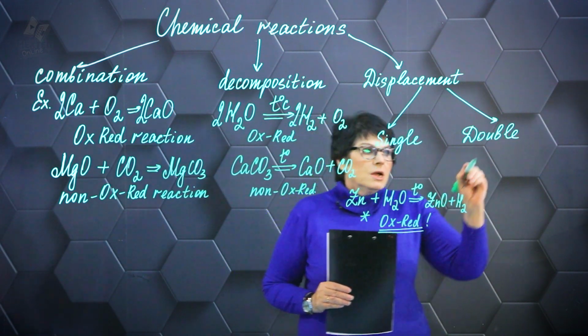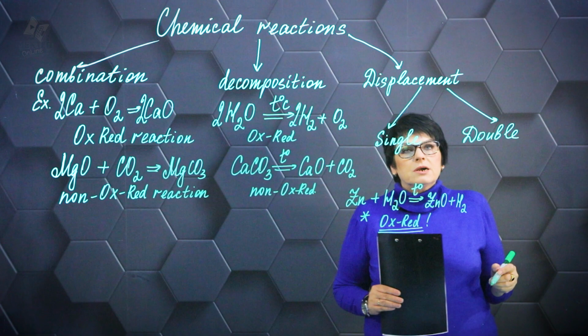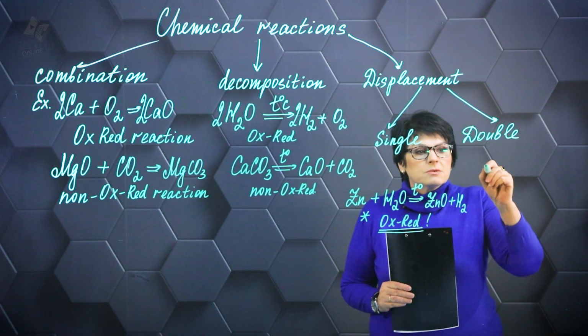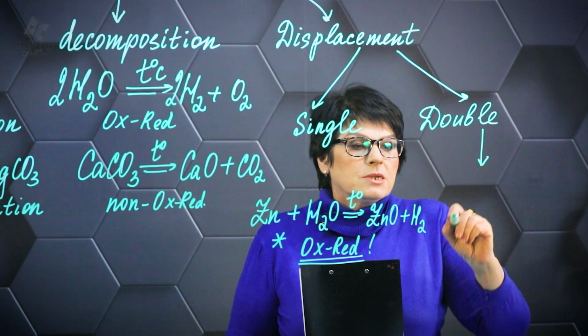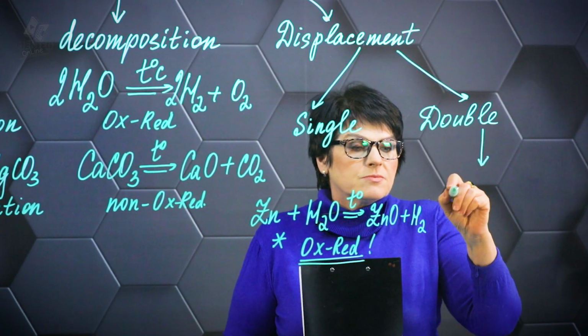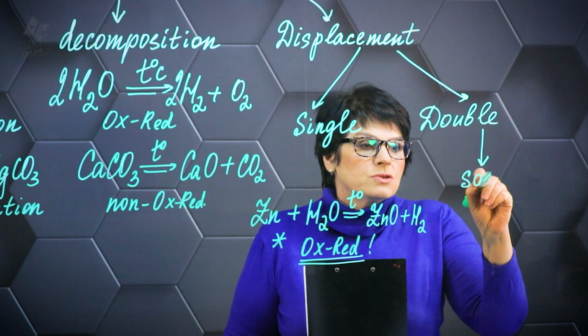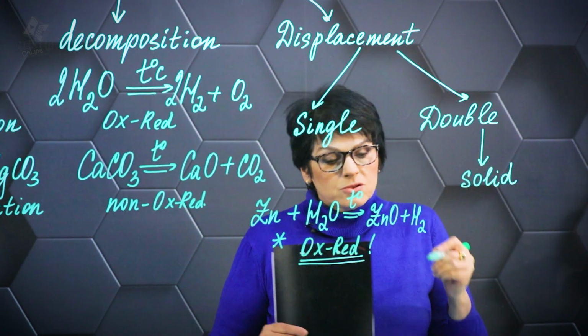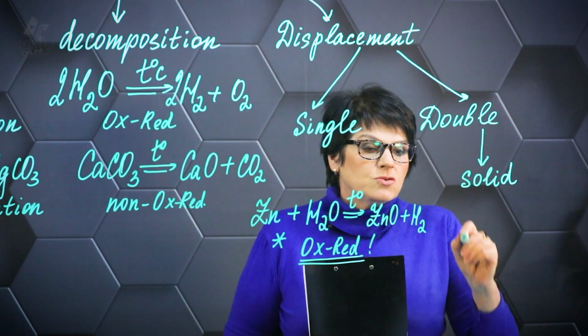Now, if we're talking about double substitution, this reaction can take place, for example, if a so-called precipitate is formed, that is, one of the substances turns out to be solid, but it's also possible to have two such substances, but it's a rare case. Here's an example.